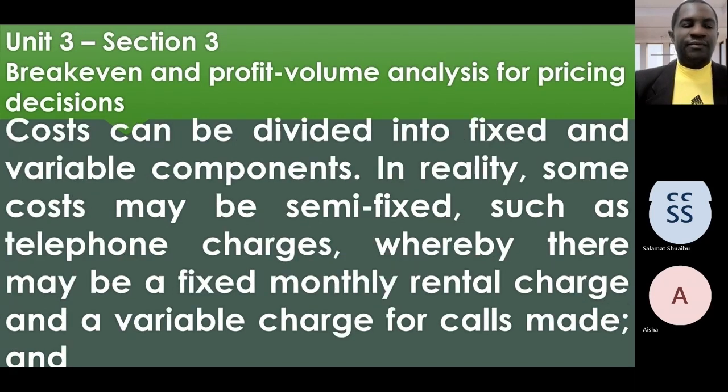So some costs that are fixed in nature may change over time, while some variable costs may be fixed also, but in the short run, they don't change. We may look at it in the long run, maybe after 5 years, 3, but in a particular period, monthly, quarterly, they may stay at that status of variable and fixed.